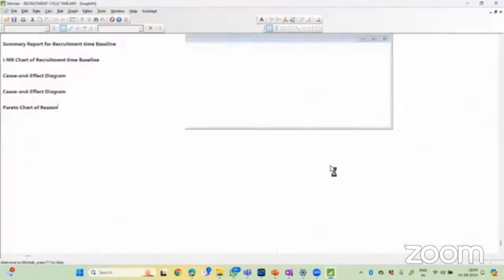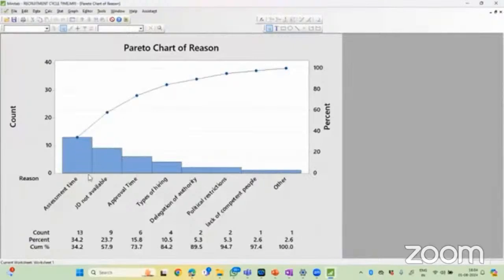And it will give you the Pareto saying that assessment time is appearing 13 times. Job description not available is appearing 9 times. In percentage terms, assessment time is contributing 34%, job description not available 23%, and approval time, let's say, 15%.